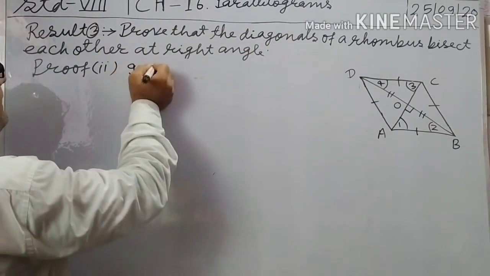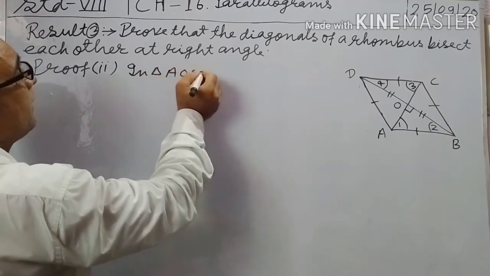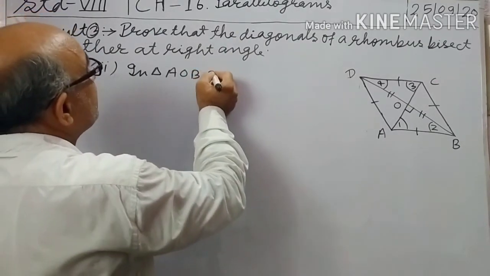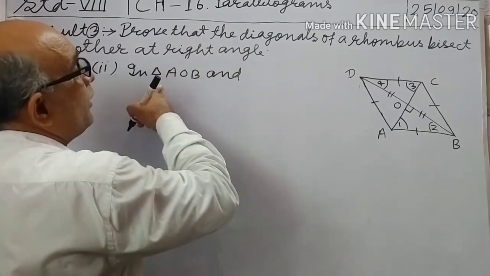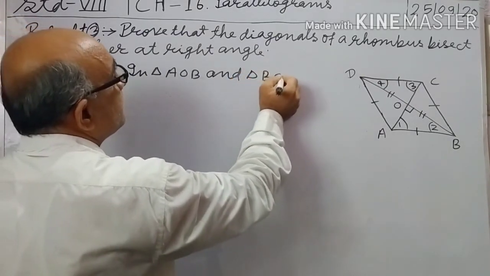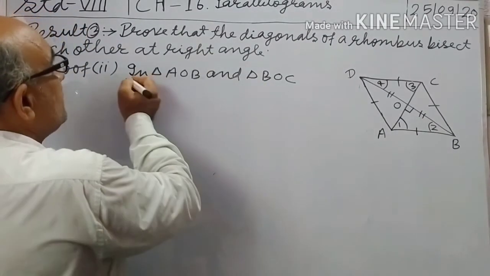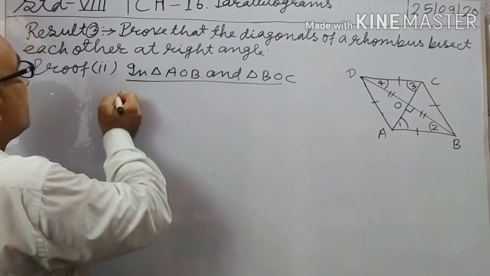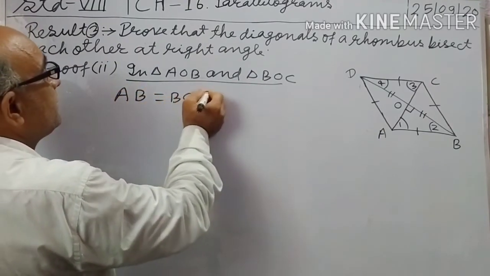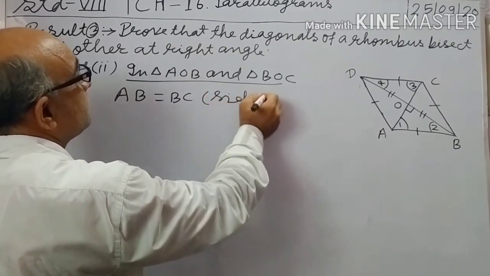So write in triangle AOB and triangle BOC. AB equal to BC, sides of a rhombus are equal.